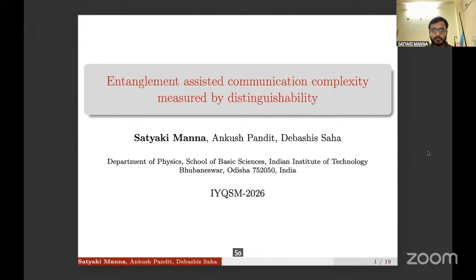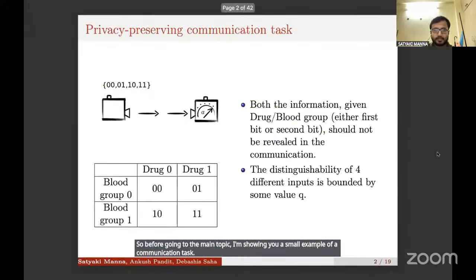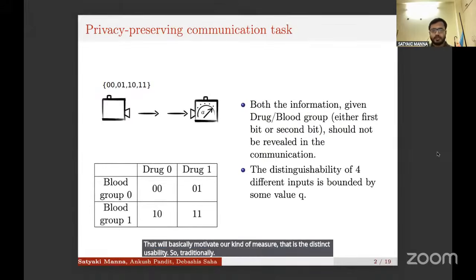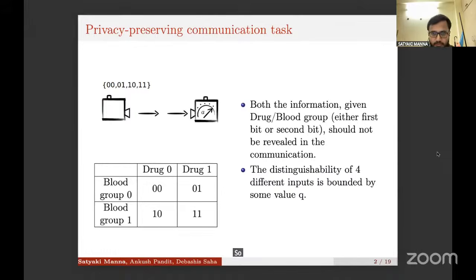So before going to the main topic, I am showing you a small example of a communication task that will basically motivate our measure, that is the distinguishability. Traditionally, the communication tasks are measured by the dimension of the message or number of the messages. So here we are taking a different kind of measure.